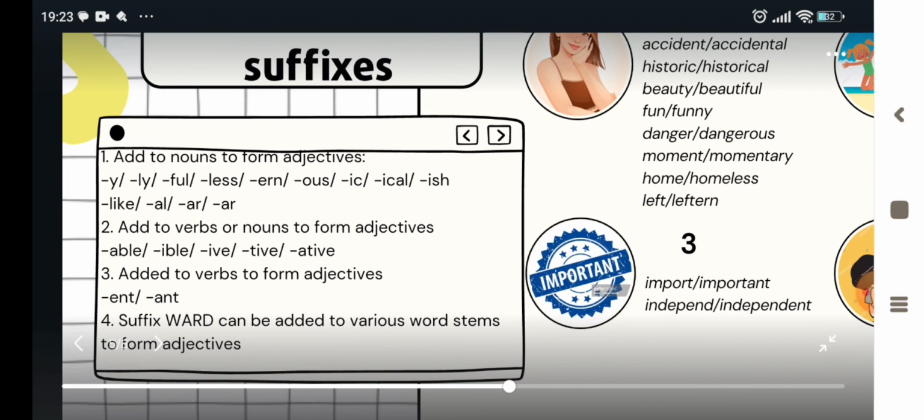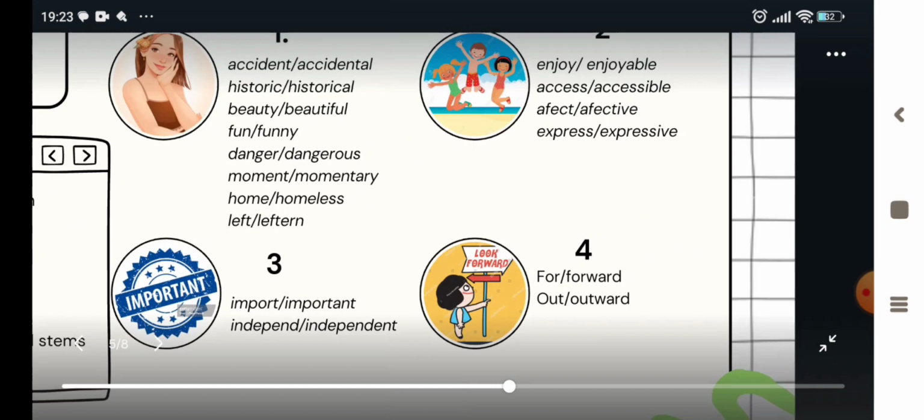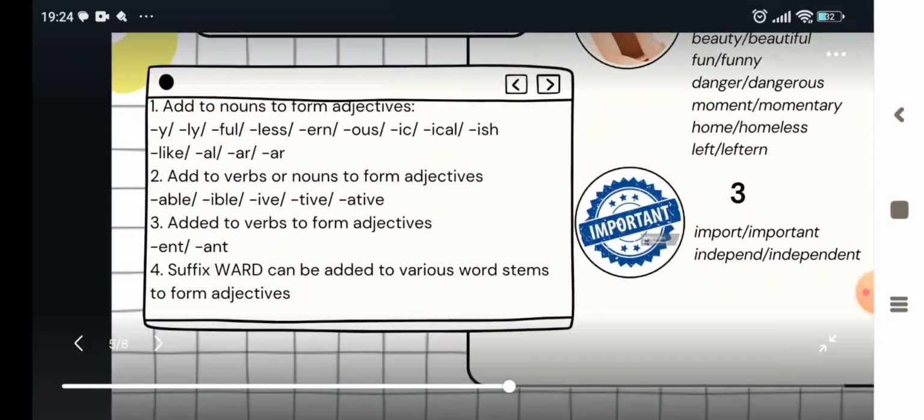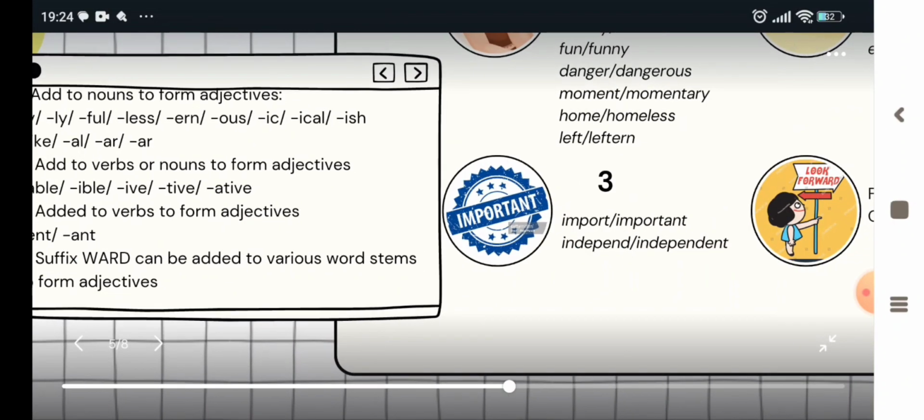Okay. Second, suffixes added to verbs or nouns to form adjectives, for example able, ive. In this case we have enjoy, enjoyable, access, accessible, affect, affective, express, expressive. Okay, third, suffixes added to verbs to form adjectives, and import, important, independent.